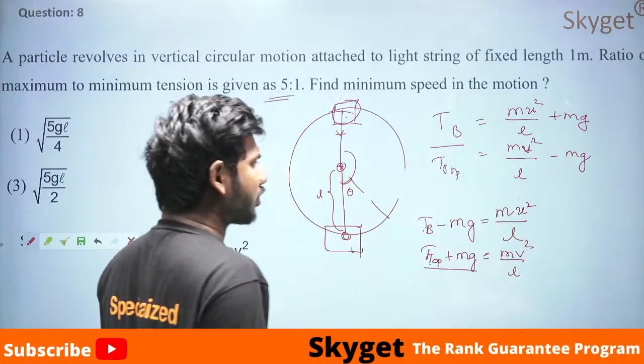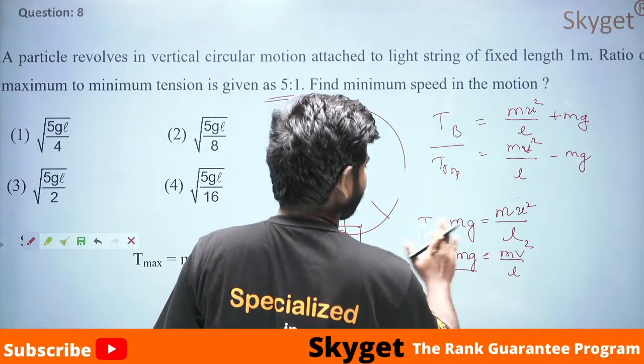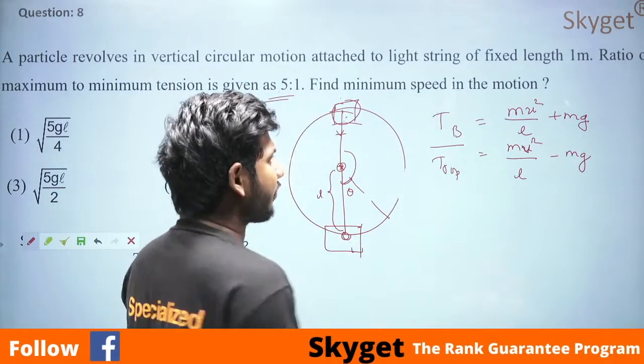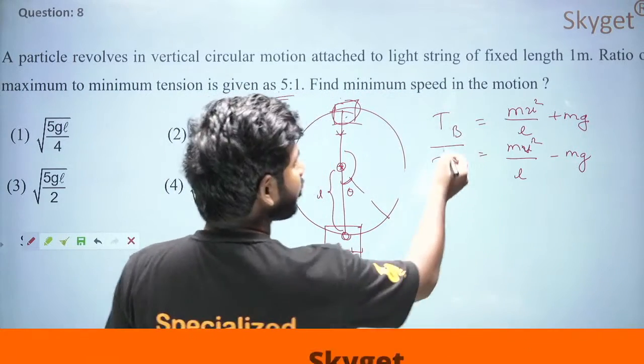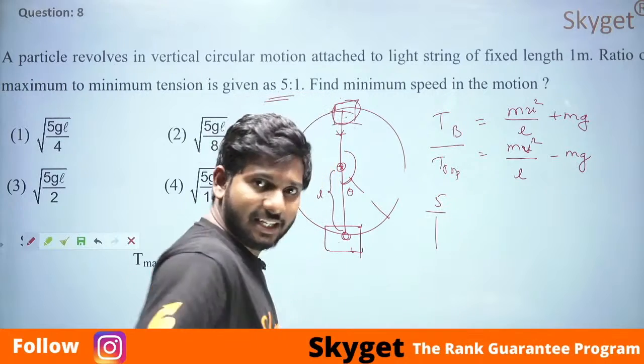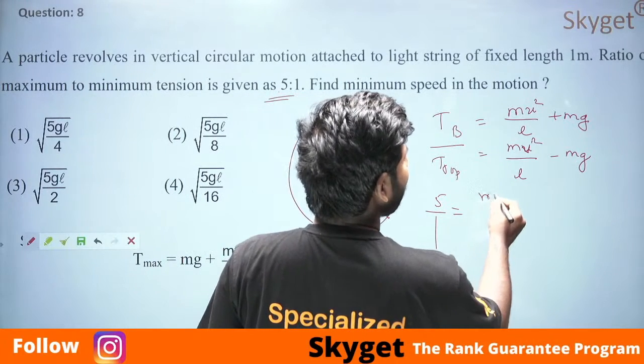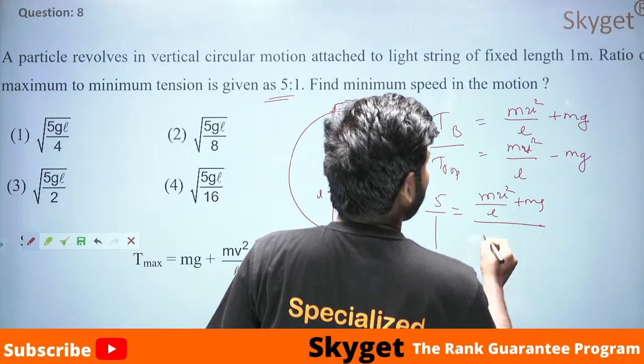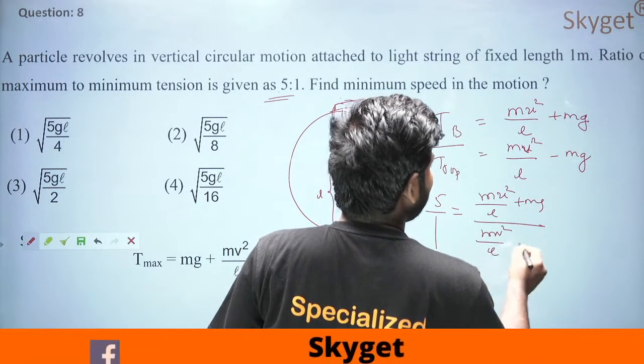If you take the ratio of both of them, T bottom to T top should be 5/1 according to the question. That's equal to (mu square by L plus mg) divided by (mv square by L minus mg).